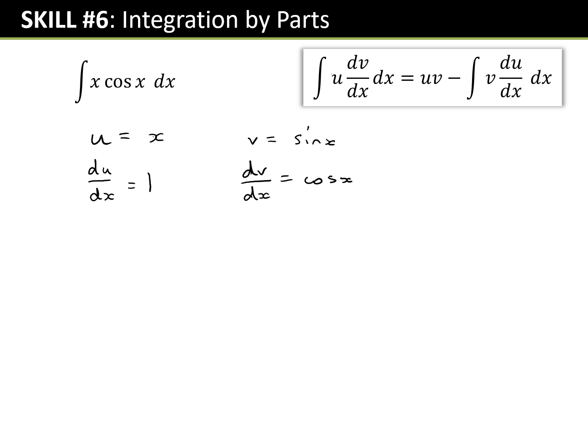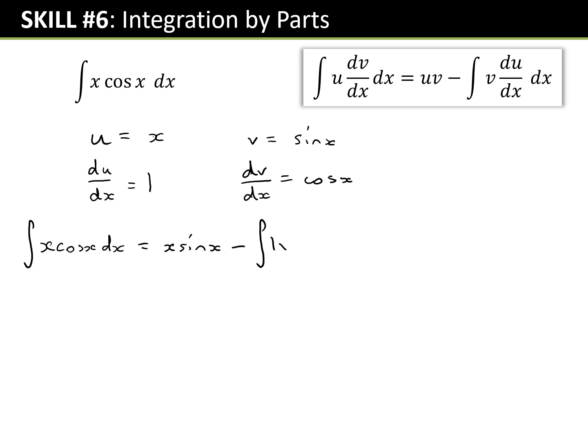Now, integration by parts is relatively simple from now on, purely because it's a formula. Substitute into the formula. u is x, dv by dx is cos x. So as you'd expect, there's the question, equals uv, u times v, x sin x, minus the integral of v, sin x, times du by dx, which is 1.